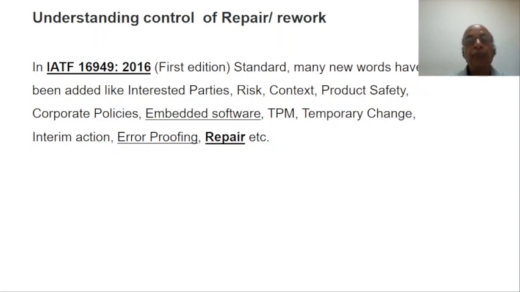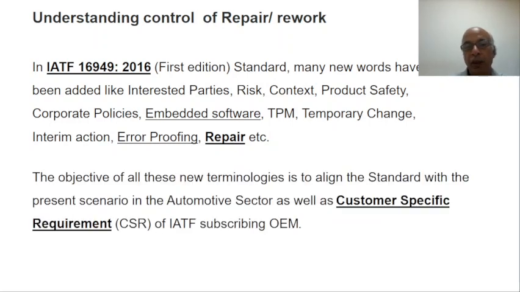This standard includes some new words like interested parties, risk, context, product safety, corporate policies, embedded software, TPM, temporary change, interim action, error proofing, repair, etc. The objective of these new terminologies is better understanding of the customer specific requirements for those dealing with the automotive sector. So as per IATF, they are subscribing to OER.